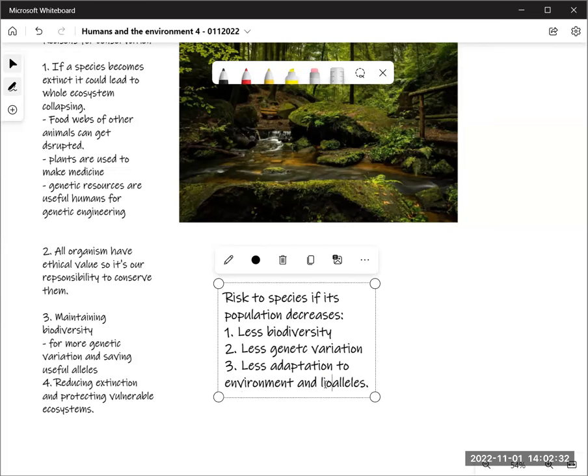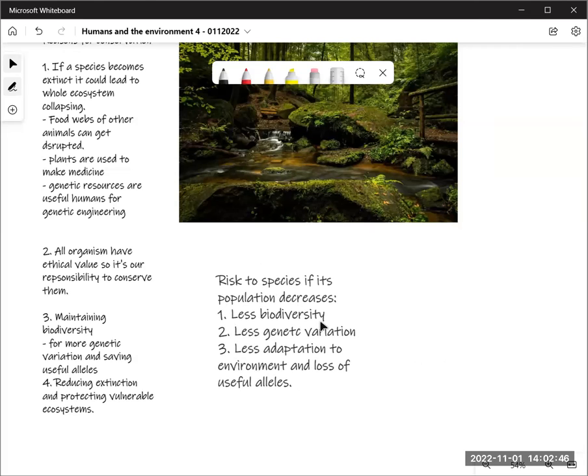So it's just a loss of useful alleles. That completes this part.